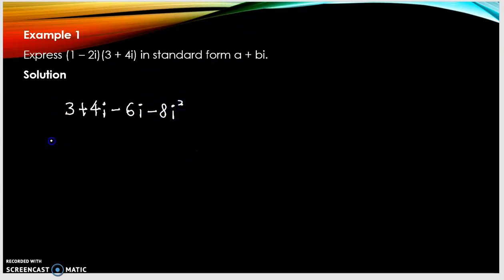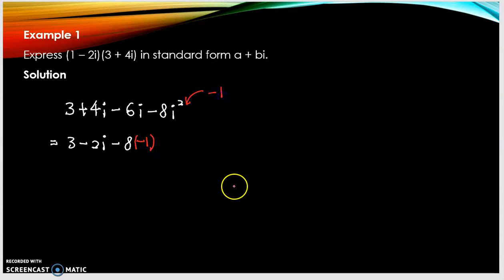So next, we try to simplify. 3 plus 4i minus 6i, where 4i minus 6i is negative 2i, minus 8i squared. So remember that i squared is equal to negative 1. So i squared, we change to negative 1.